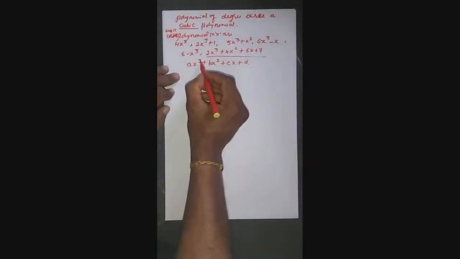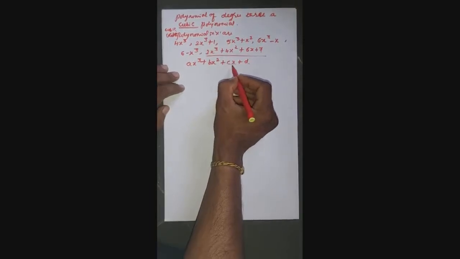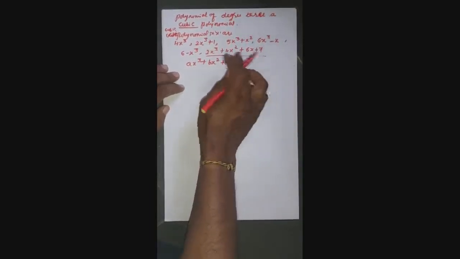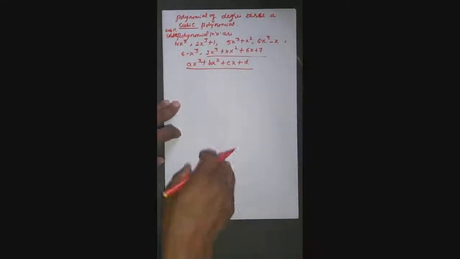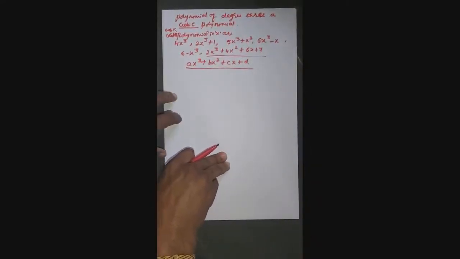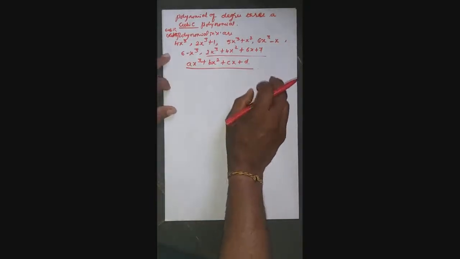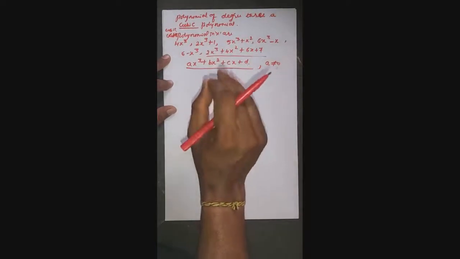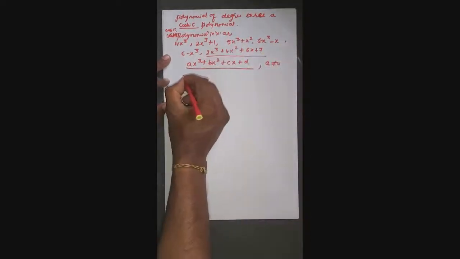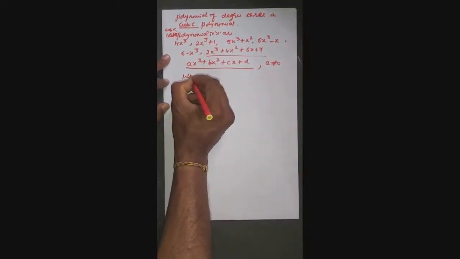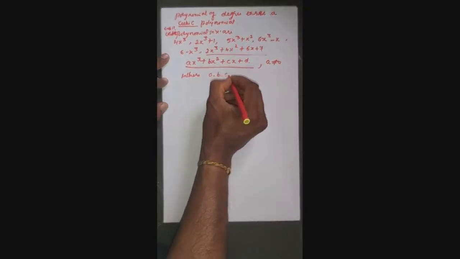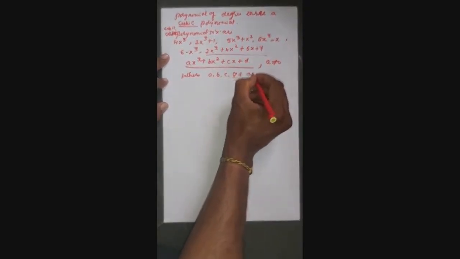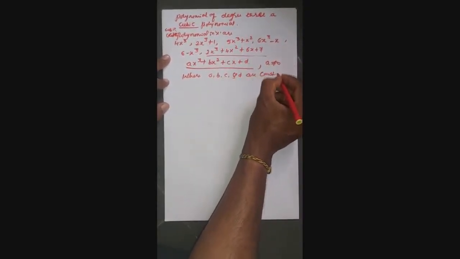We call this a cubic polynomial, where a is not equal to 0 and a, b, c and d are constants.